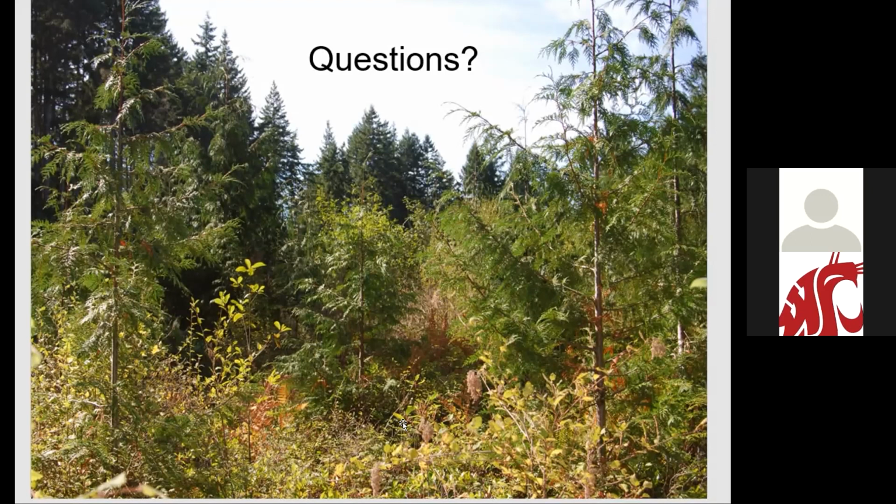So another question, is there a field guide that can help determine which pathogen is infecting your trees? I know that there's lots of field guides. I have one here just on my desk, Field Guide to the Common Diseases and Insects, Pests of Oregon and Washington Conifers.